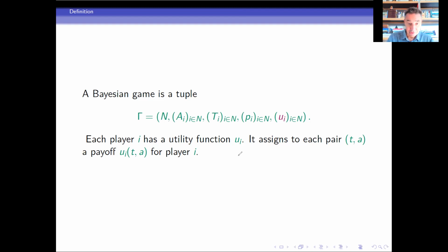The t over here is called a type profile. It means that for each player, 1, 2, up to n, a type is given. So we assume here that t_i is now the type of player i.